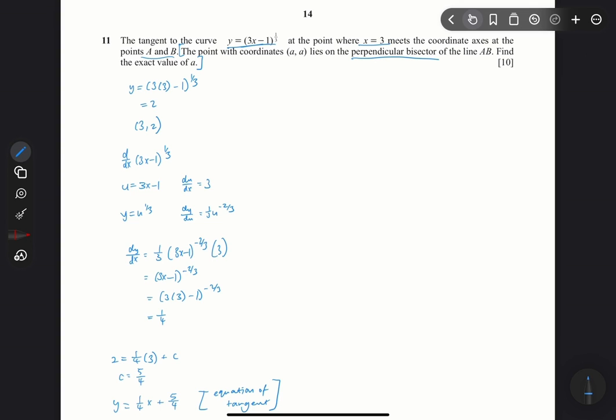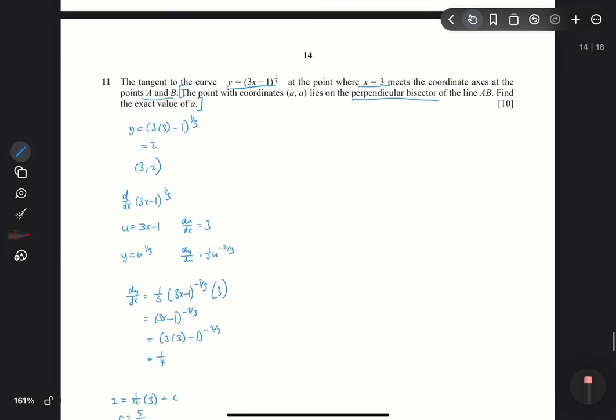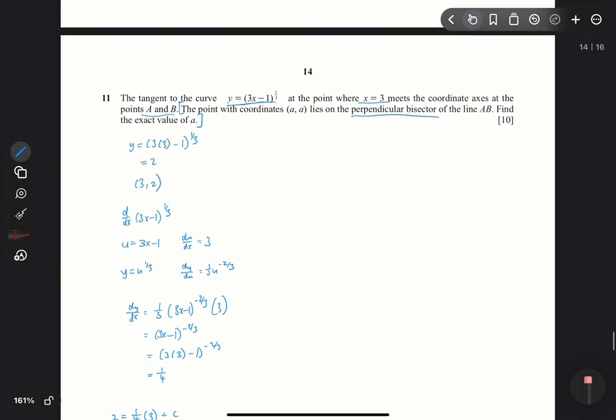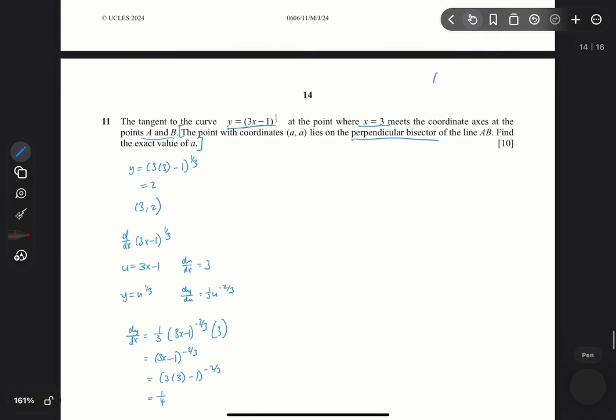And it says that the tangent meets the coordinate axis at points A and B. So you should know that if it meets the axis, one of the x-axis would be 0 and one of the y-axis would be 0. And you'll be finding y here and x here.